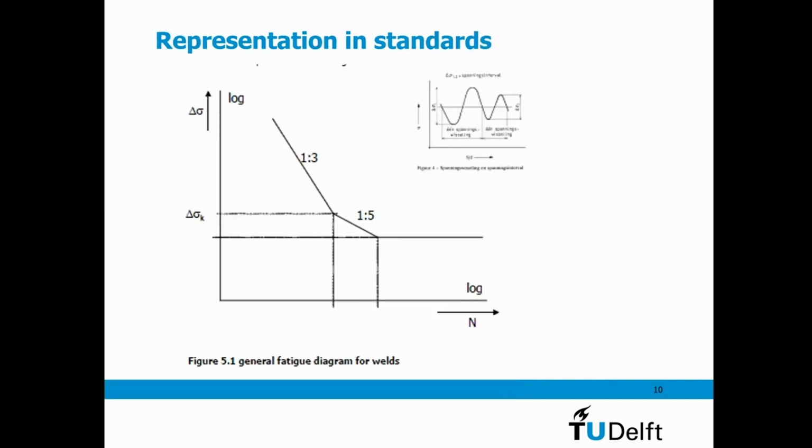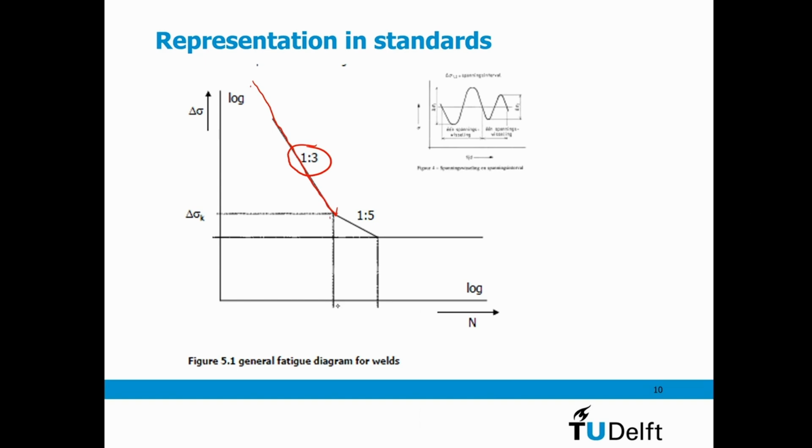And this is how we represent this in most of the standards we are going to use. You have an initial area in the lower range, which is in general a slope of 3. So if I double my stress variation level, I get 8 times reduction in fatigue life.